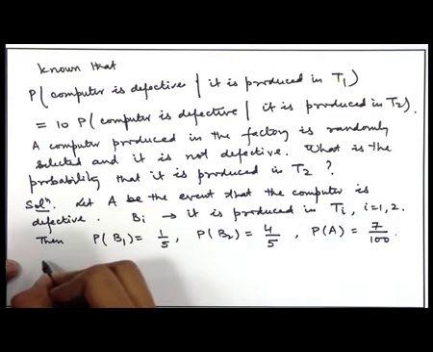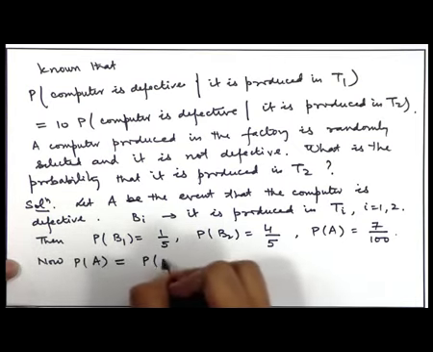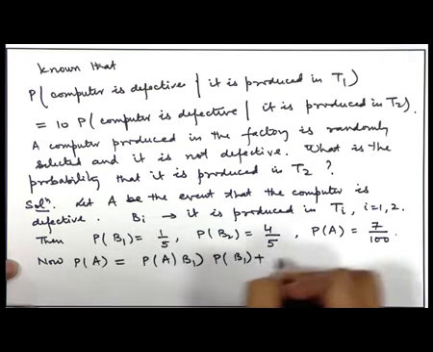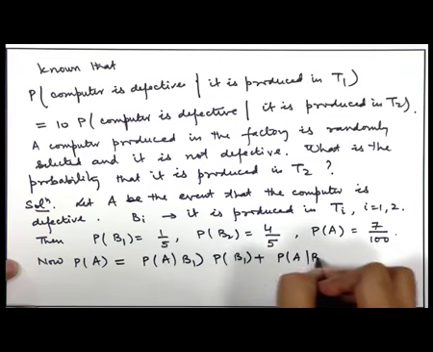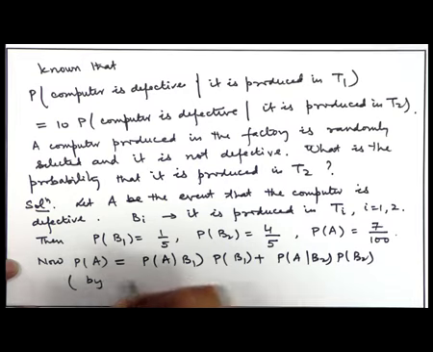So, if we apply the formula, probability of A is equal to probability of A given B1 into probability of B1 plus probability of A given B2 into probability of B2, by the theorem of total probability.